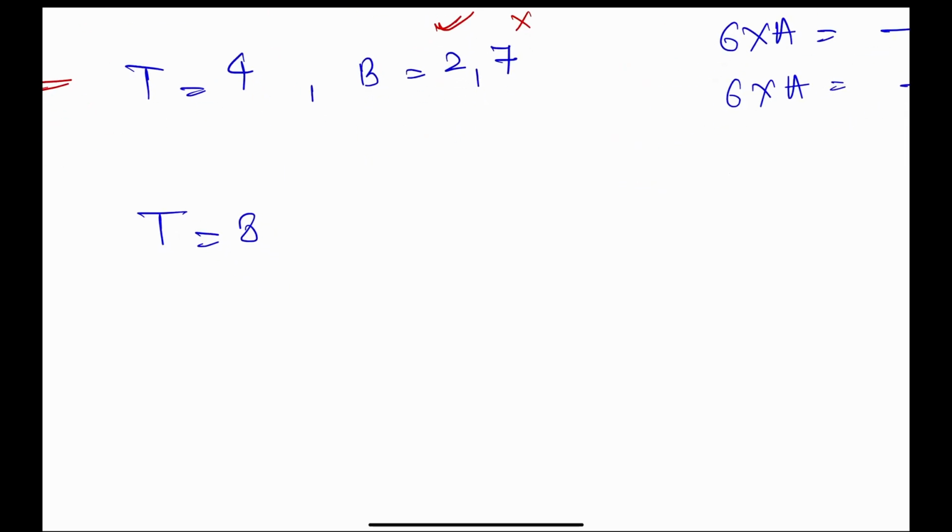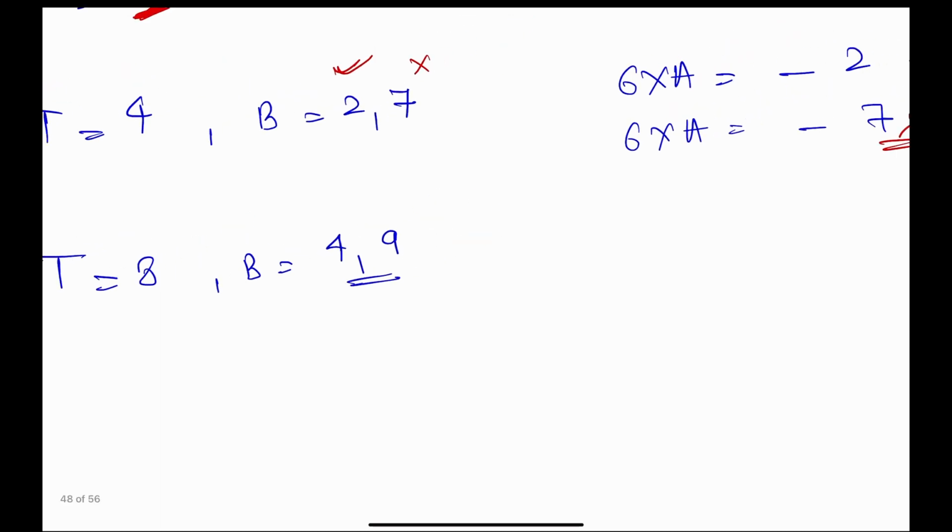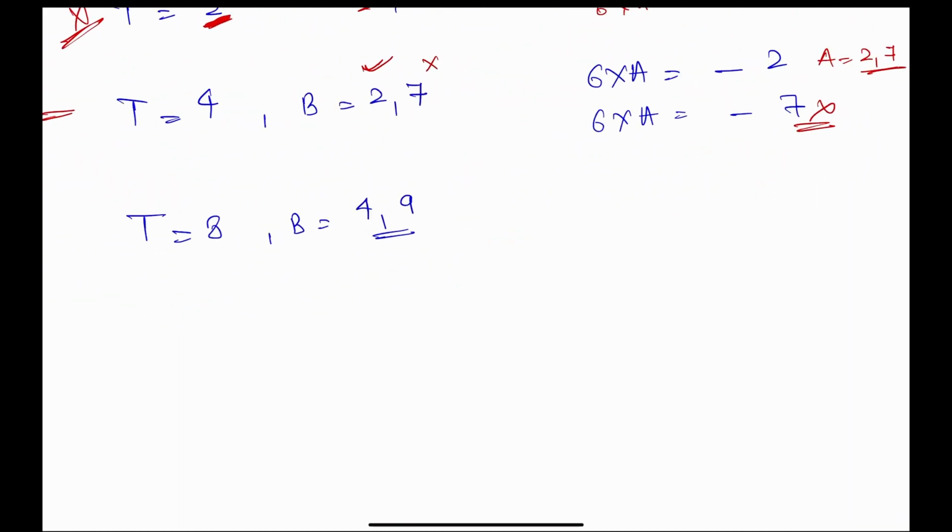So if T is 8, our possible value of B can be 4 or 9, right? So again 6 into A can be 4, or 6 into A can be 9. So the 9 case is not possible, and the 4 case is possible.